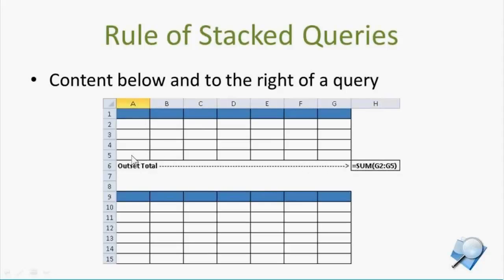So when this top query expands and goes from 5 rows to 7 rows, it's only going to push down the stuff below columns A through G. Column H, this sum, is going to be left behind. It's going to stay on row 6. So we want to address that the same way by putting in those placeholder formulas so that my sum gets pushed down along with everything else.